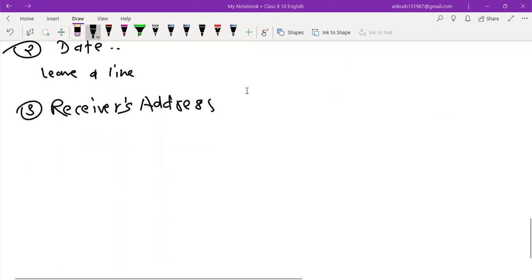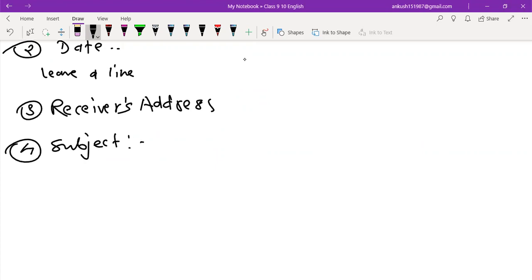But the subject should not be lengthy. That should be very, very precise. After writing the receiver's address, you should put the subject. Or even you may call it a reference. In which reference are you writing that?